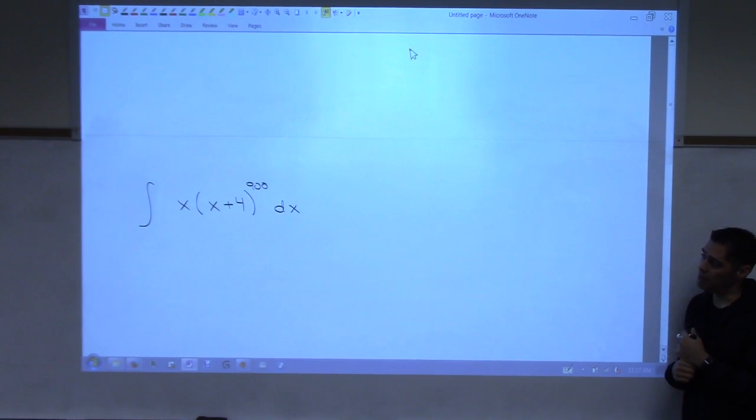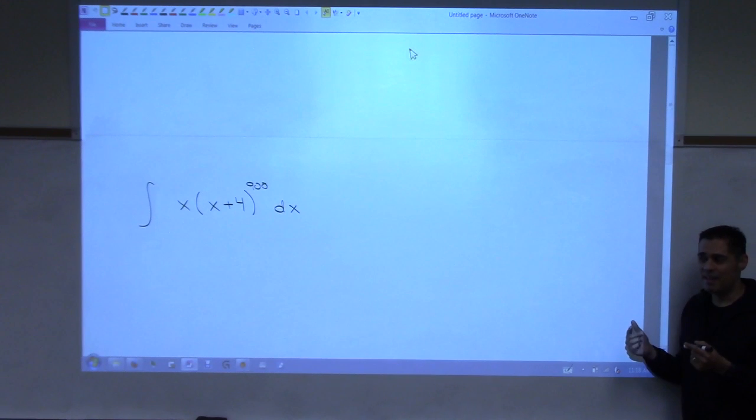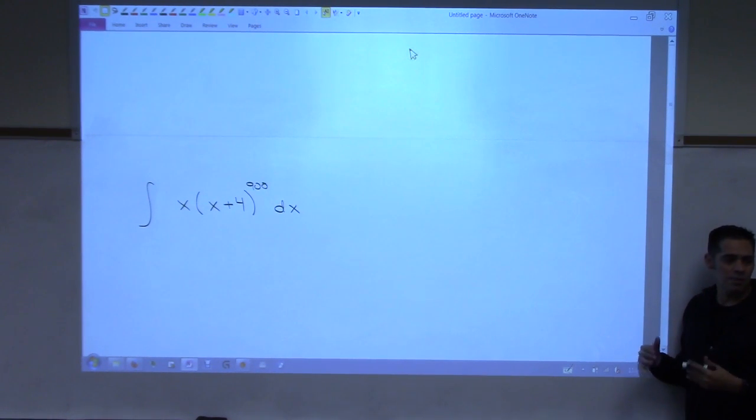So let's think about substitution. Do you see something in its derivative? The derivative of x would be 1, right? And we see a 1 there? My advice to you is to never, ever make the basic substitution u equals x. The reason is that you're going to rewrite the problem, and it's going to be exactly the same problem.